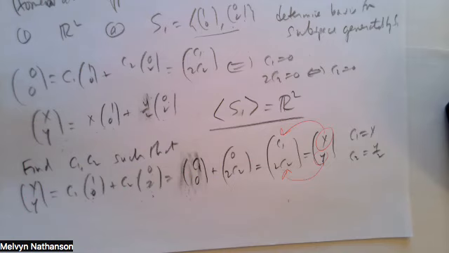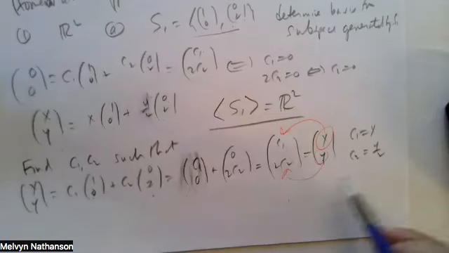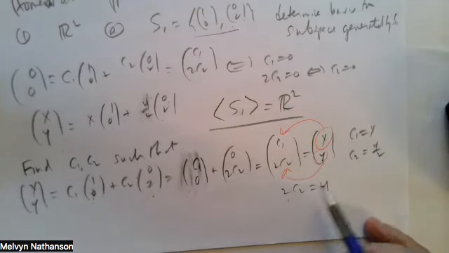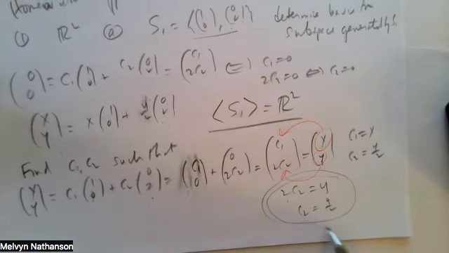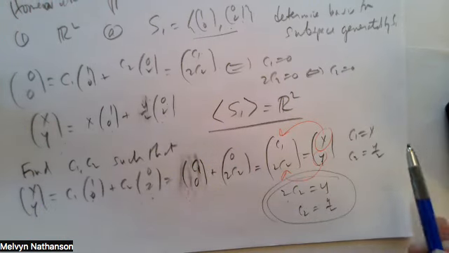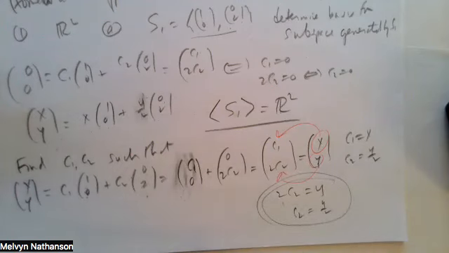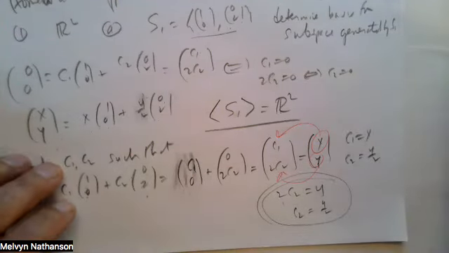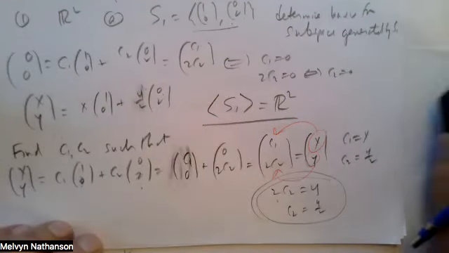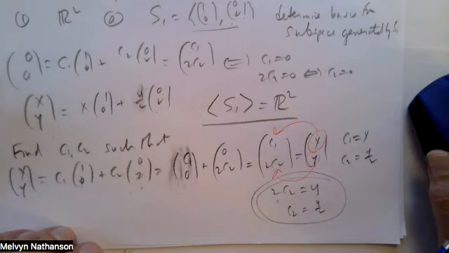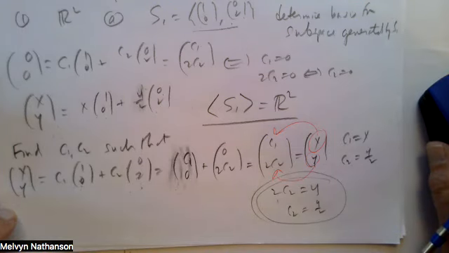It's y over 2 because 2C2 equals y, so C2 is y over 2. Just solving for C2. Oh, okay, I see it now. Right. Let me just take a picture of that. It'll be on YouTube right after the talk. Okay, right.